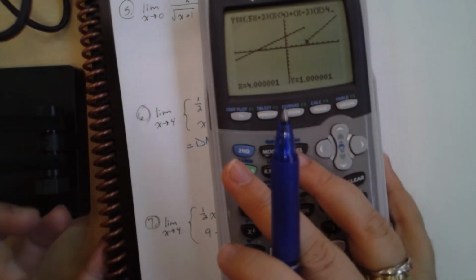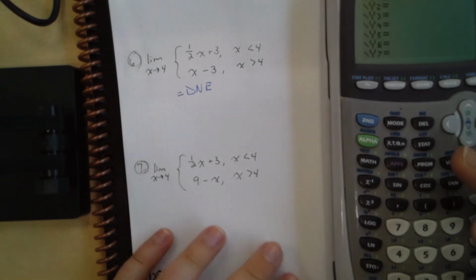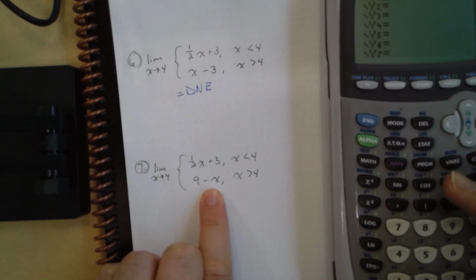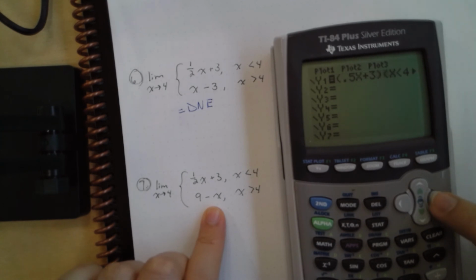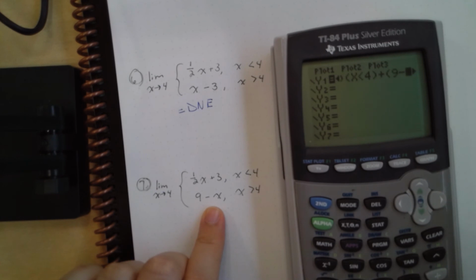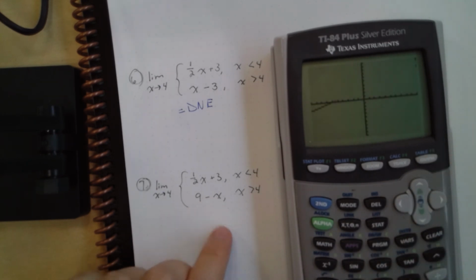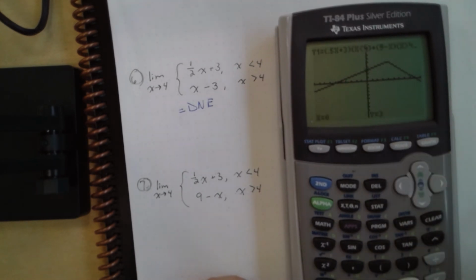All right, let's do number 7, our last example. Very, very similar. Looks like all we have to do is change our last equation here. So I'm just going to go in and do that rather than retype everything. So I'm going to have 9 minus x. And I graph this. Now I've got what looks like sort of an absolute value function. And I want to trace this at 4.